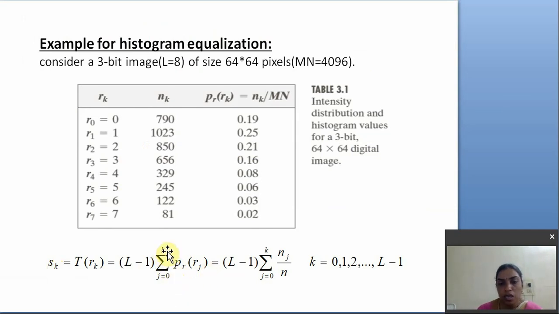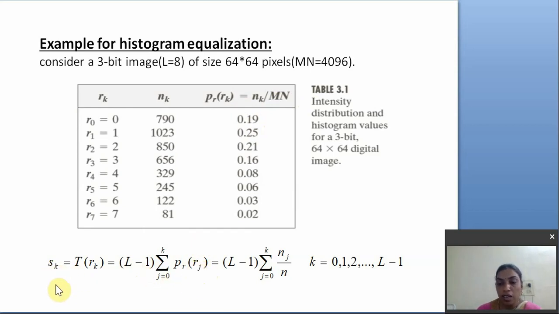That means PR of R0. What is the S0 value? L minus 1 into PR of R0, that means 7 into 0.19 is S0.